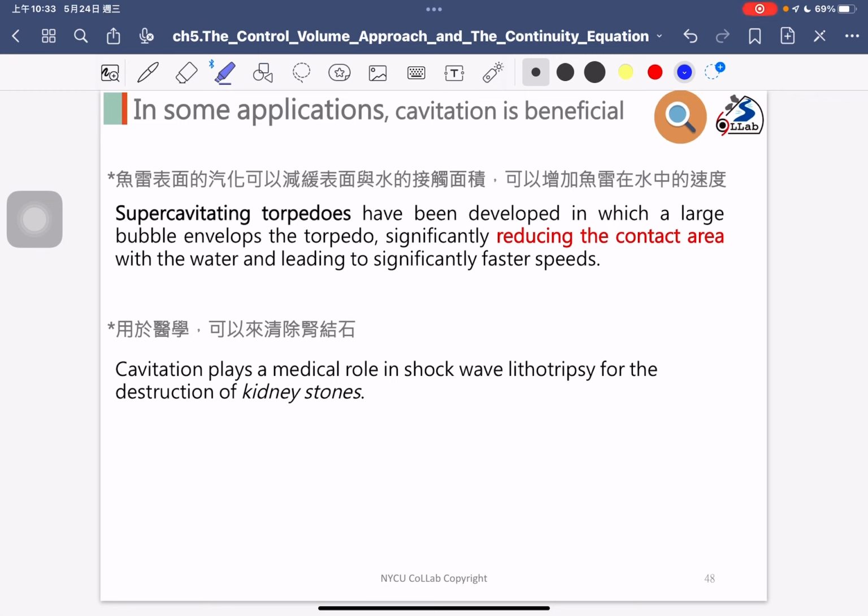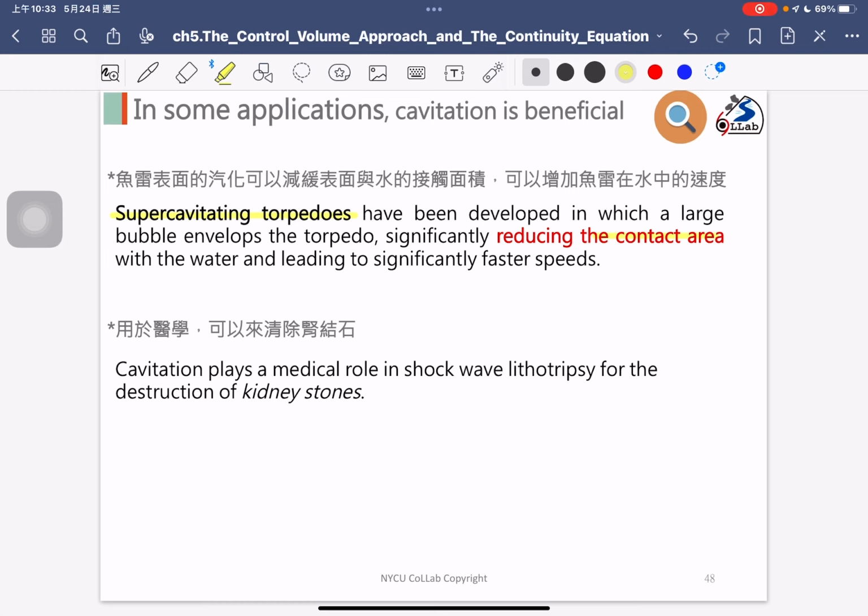Sometimes there are advantages to cavitation, like we can apply supercavitation torpedoes.